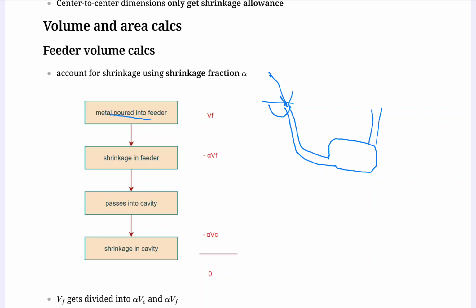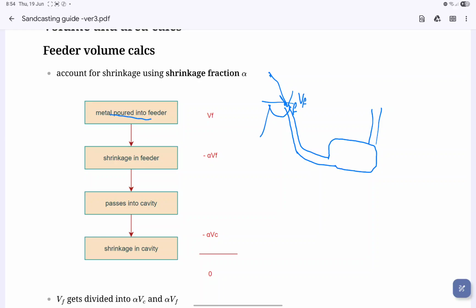The metal that's poured into the feeder is associated with the volume VF. Ugh, not velocity, volume. All these V's, okay. In the exam, it really would help if you write cursive V's for volume and just normal or small v's for velocity.